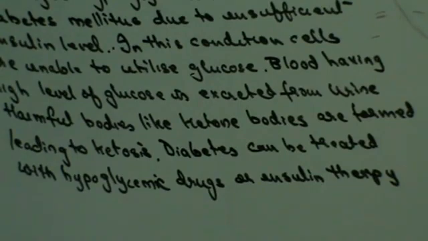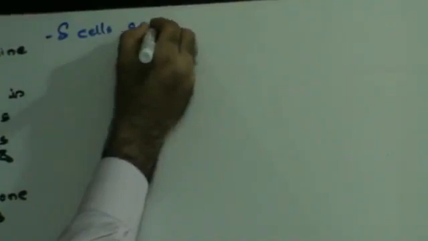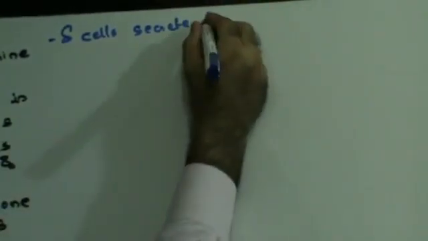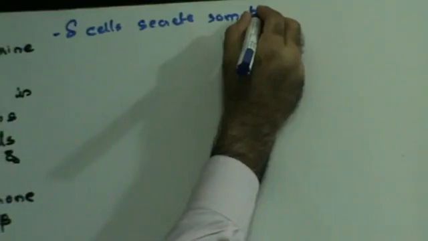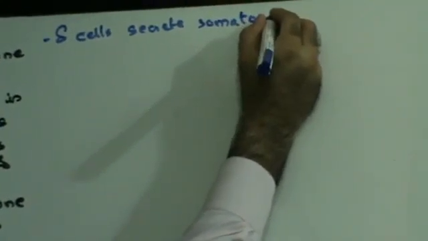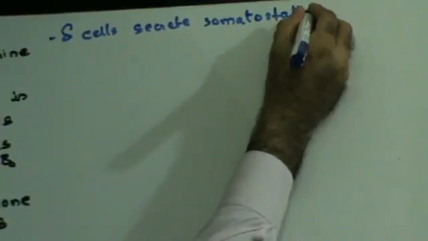What about the delta cells? The delta cells secrete a hormone which is called somatostatin.